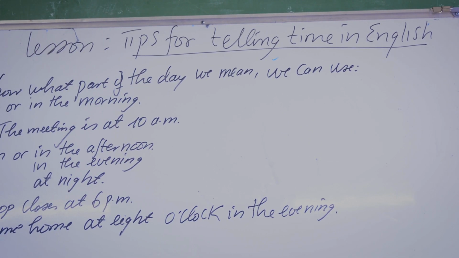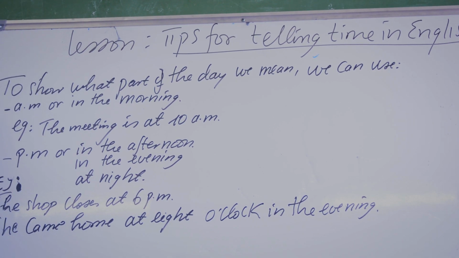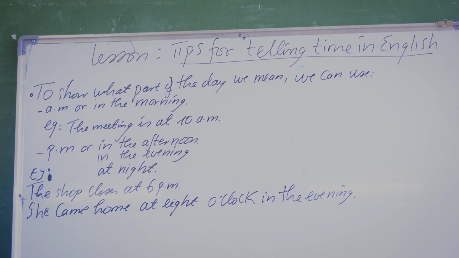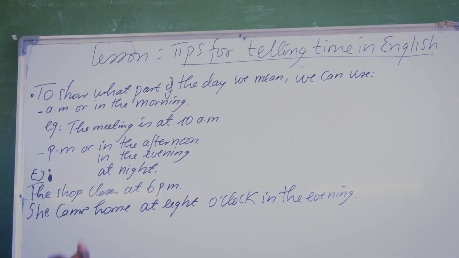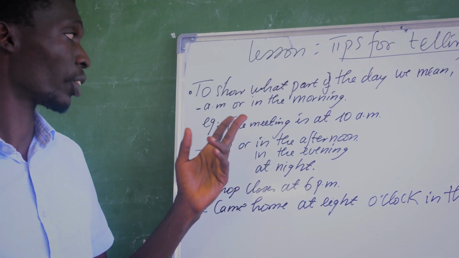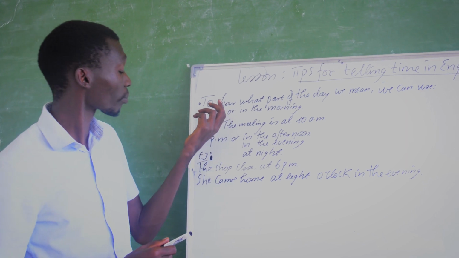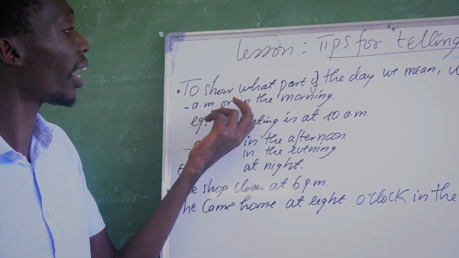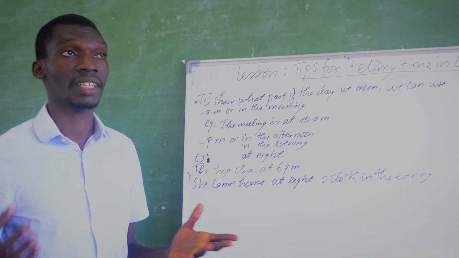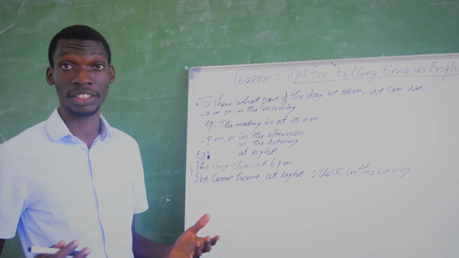For example, I wake up at 6 o'clock in the morning, or I wake up at 6 a.m. So pay attention to these two expressions. You cannot use a.m. and in the morning in the same sense, no. It may sound rude, or it may sound ungrammatical.